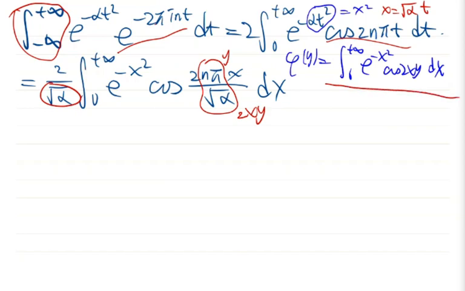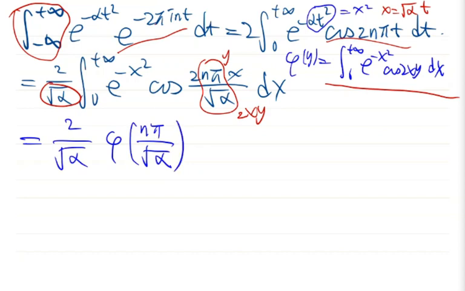So this is equal to 2 square root of alpha phi of n pi over square root of alpha. That is by our result for the value of phi. Phi y is square root of pi over 2 exponential minus y square.